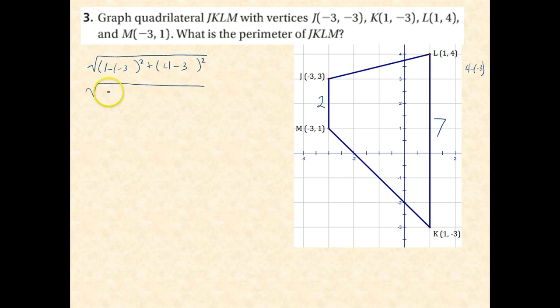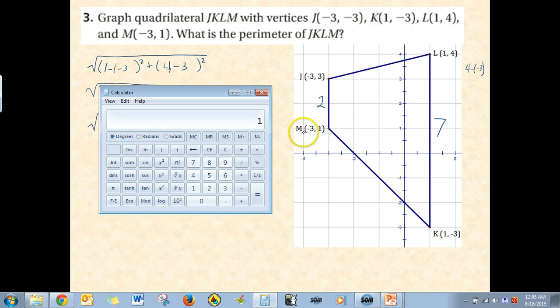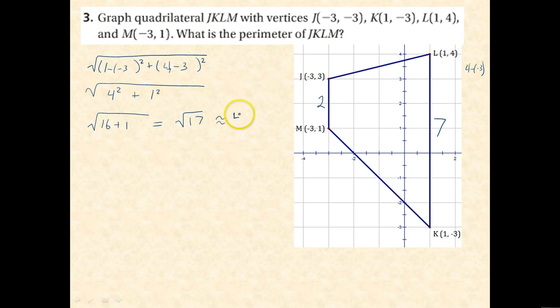Minus a negative 3 turns to plus 3, so that is 4 squared plus 4 minus 3 is 1, so 1 squared. 16 plus 1, so it's exactly square root of 17, which is approximately 4.1. So this is about 4.1 units.